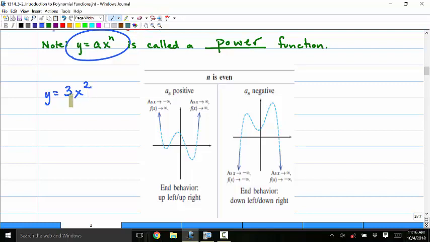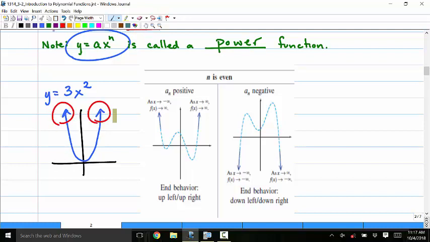Do you see that a is positive? What does 3x squared look like when you graph it? Doesn't it look like this? Now, all we're concerned with is the end behavior. What are the ends doing? They're going up, up. You see that? So if n is even and a is positive, we say the end behavior is up, up.